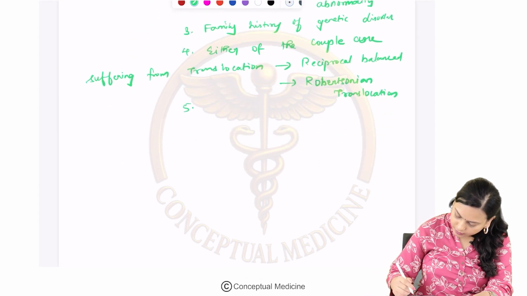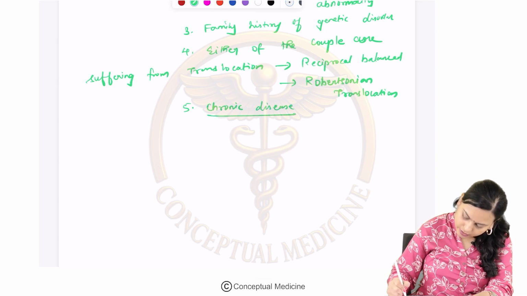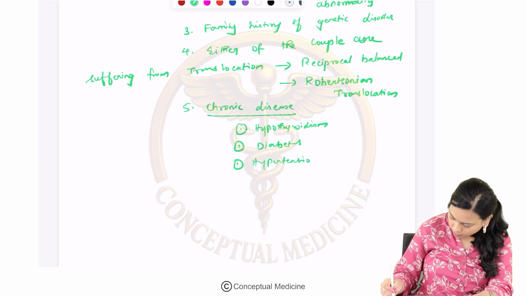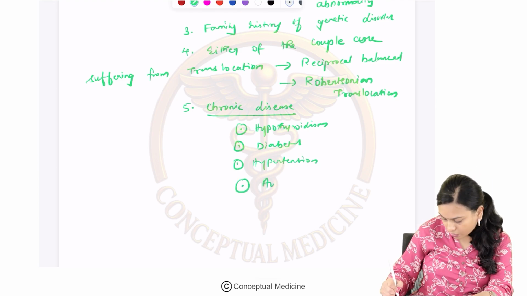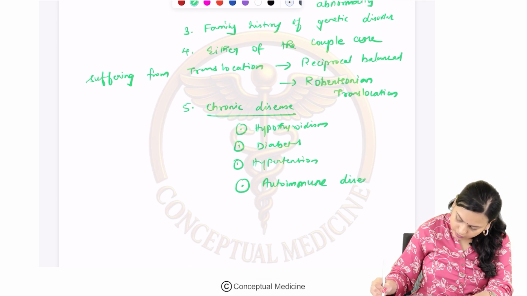in the mother when there is any chronic disease condition like hypothyroidism, diabetes, hypertension, or even autoimmune diseases.